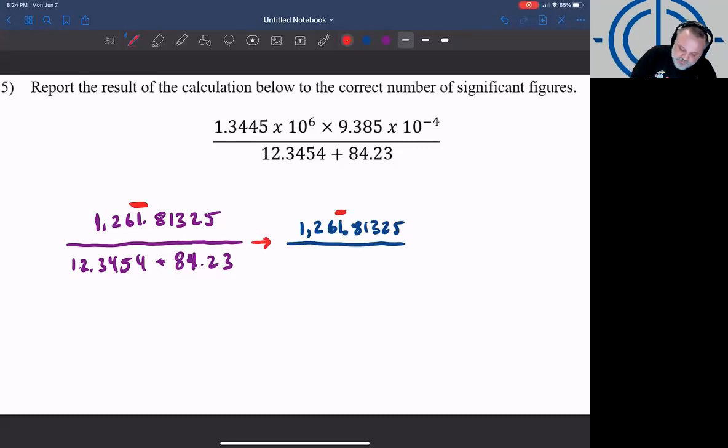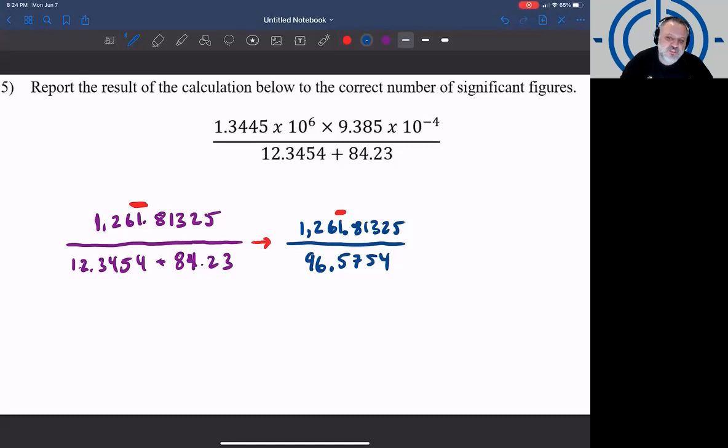My calculator spits out 96.5754. Now, the operation that I did was addition.